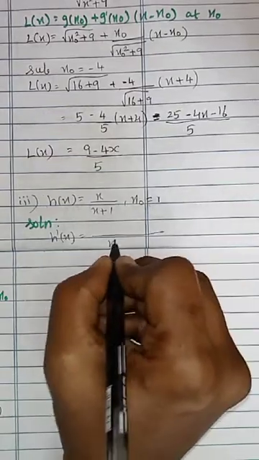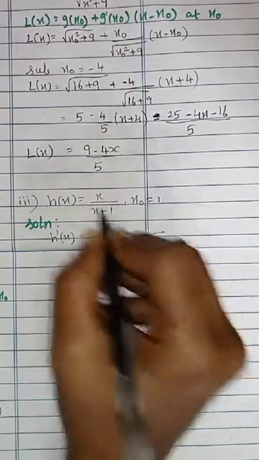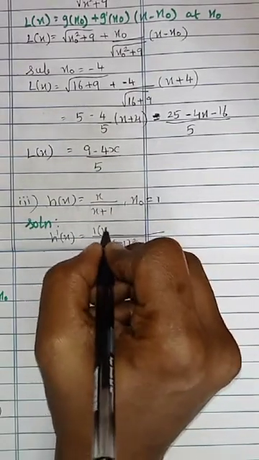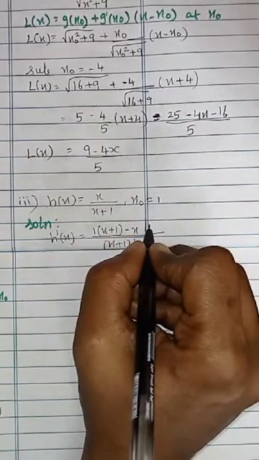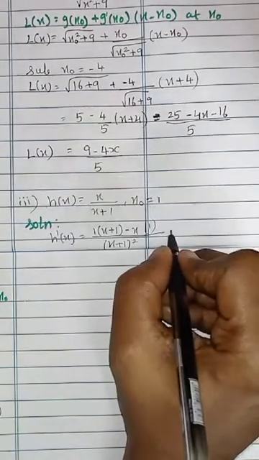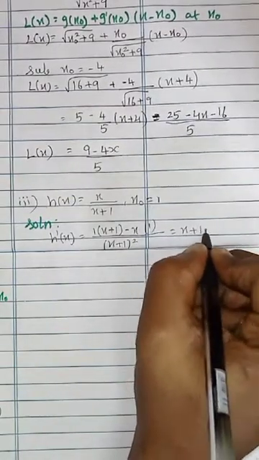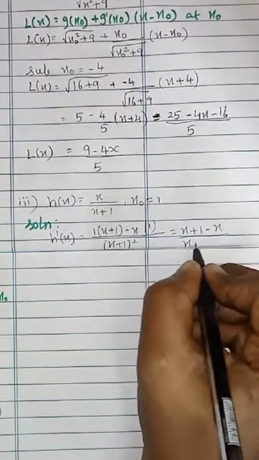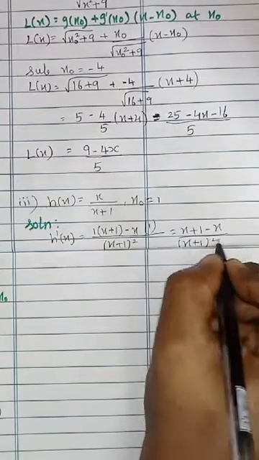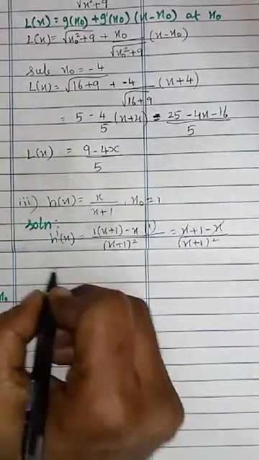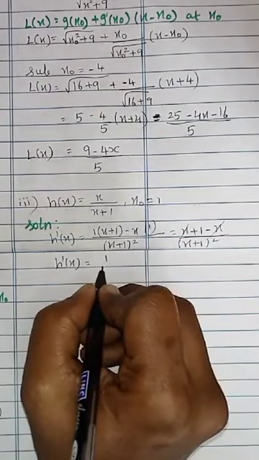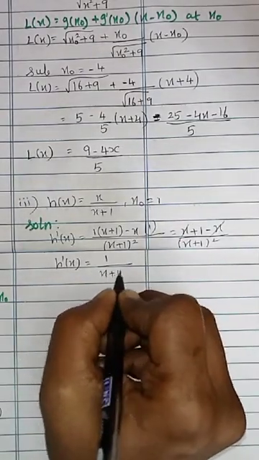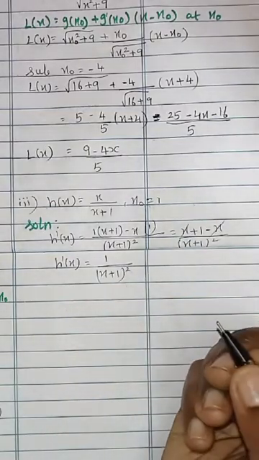In the denominator we take the square, and the differentiation of x is 1, this one as it is, minus x as it is, and the differentiation of the denominator is 1. If you simplify, this is x plus 1 minus x by x plus 1 the whole square. The x will get cancelled. So what is h dash of x? 1 by x plus 1 the whole square.